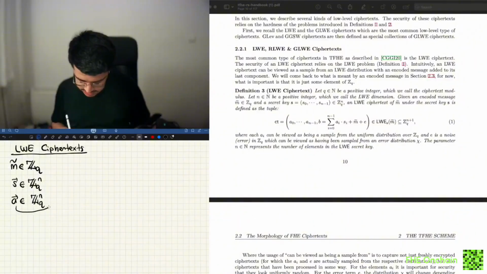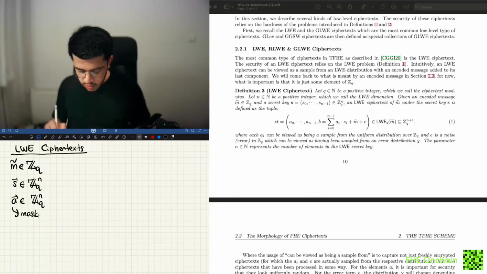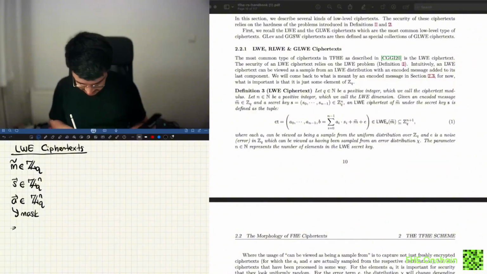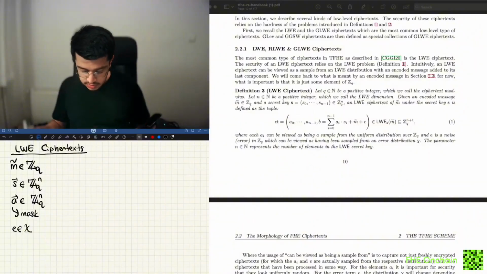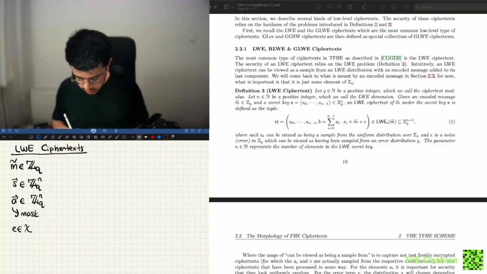We call it the mask of the ciphertext. And also we have the most important ingredient, maybe, the noise from the Chi distribution. So we have a message that we want to encrypt, and to do so, we sampled 3 random things: the secret key, the mask, and the noise.